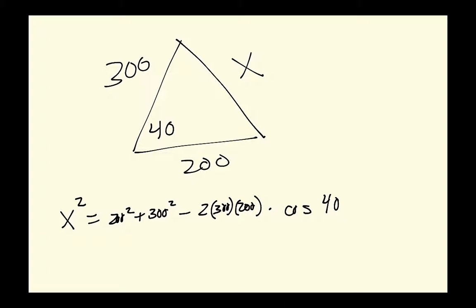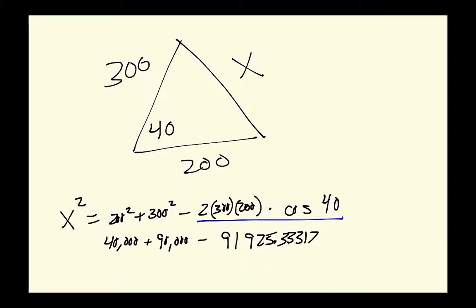200 squared is 40,000 plus 300 squared is 90,000 minus 2 times 300 times 200 times the cosine of 40 is 91,925.33317. And again, reminder, this is one number when I type it into my calculator. So this should all equal x squared. I'm going to add all this together now.